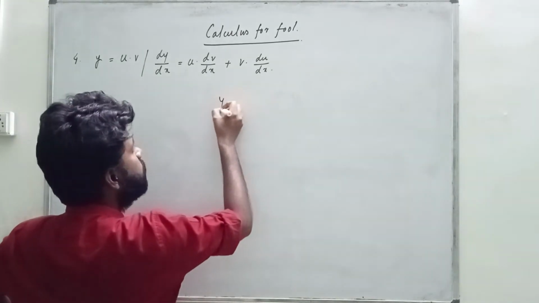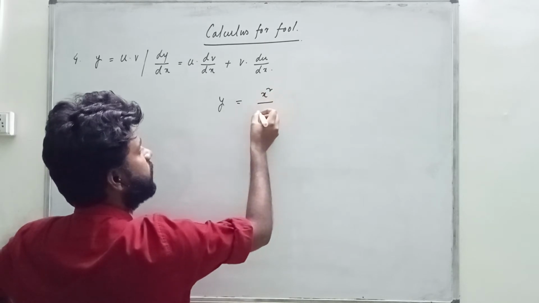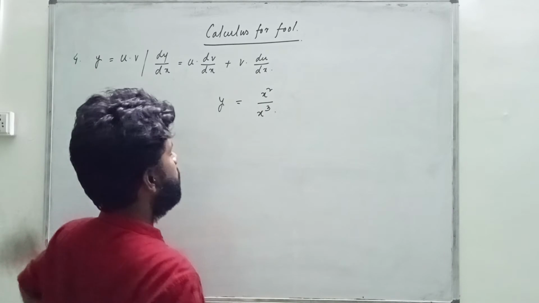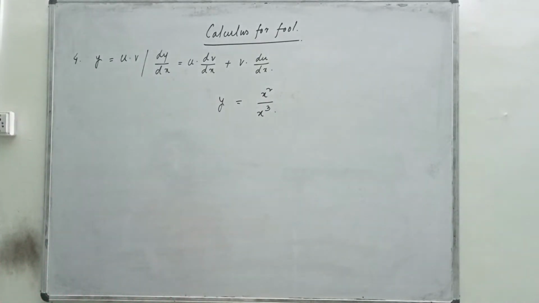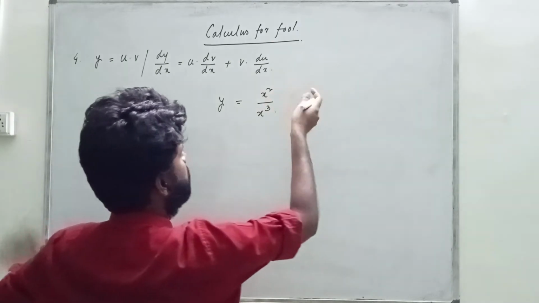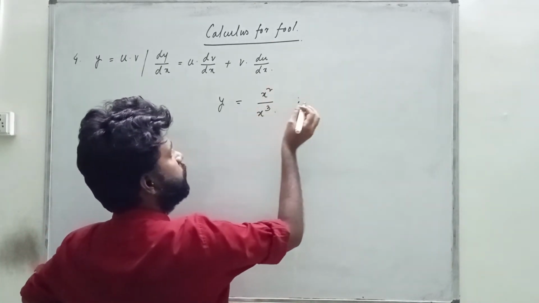If y equals x squared divided by x cubed, so what will happen? Dy over dx, right? So just one way you can find out. This is very simple. It is x squared over x cubed here.